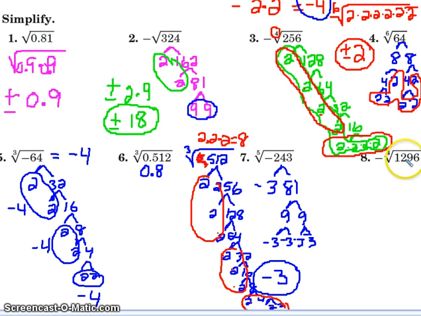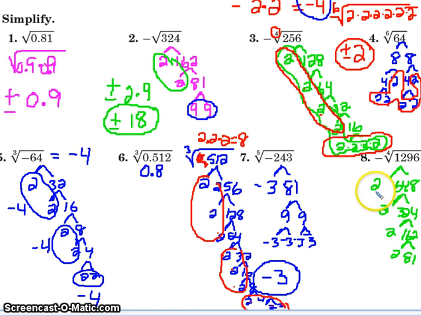So that's a place to start. I can split it into 2 and 648. 648, if I divide that by 2, I get 324. 324 divided by 2 is 162. Divided by 2 is 81.